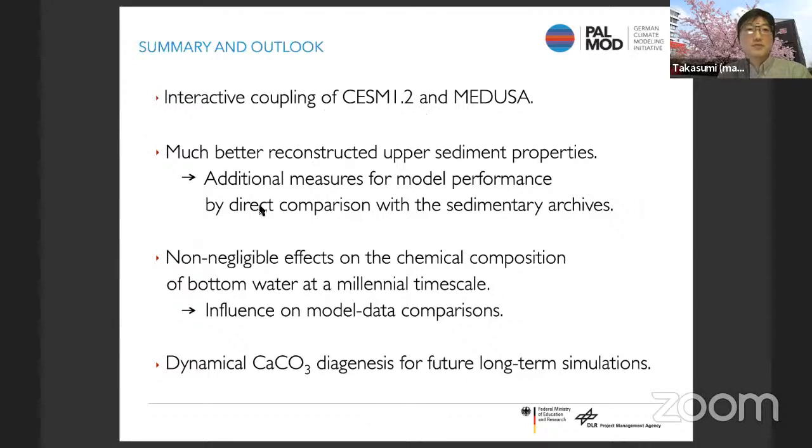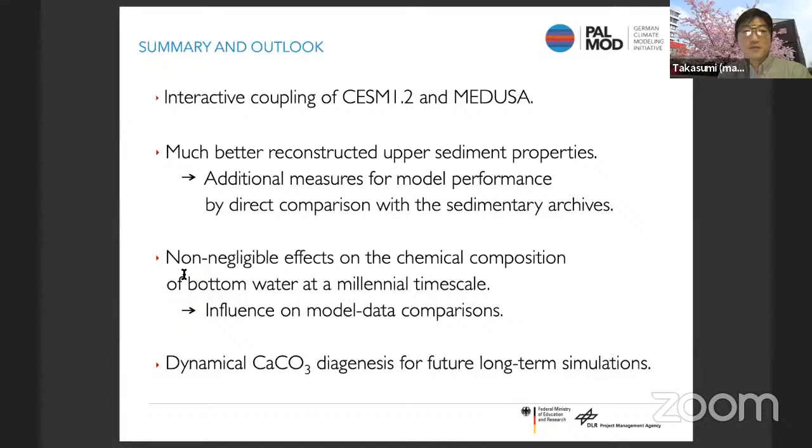So here is a brief summary of the talk. We developed a new coupling scheme between CESM 1.2 and Medusa. Thanks to the coupling, some upper sediment properties were much better reproduced, which will provide an additional benchmark for the model performance.